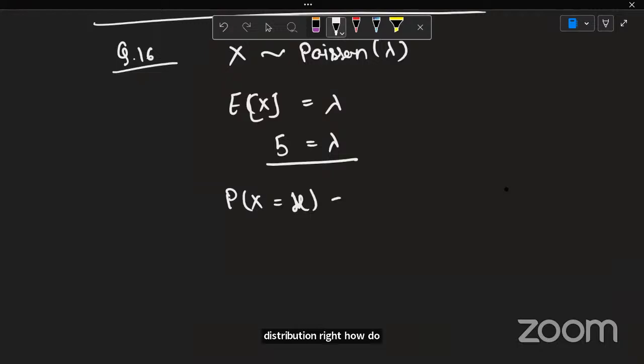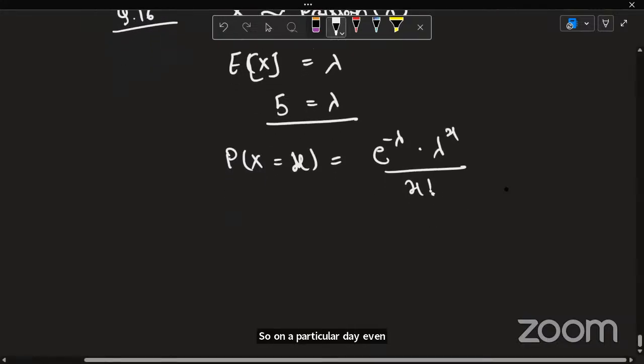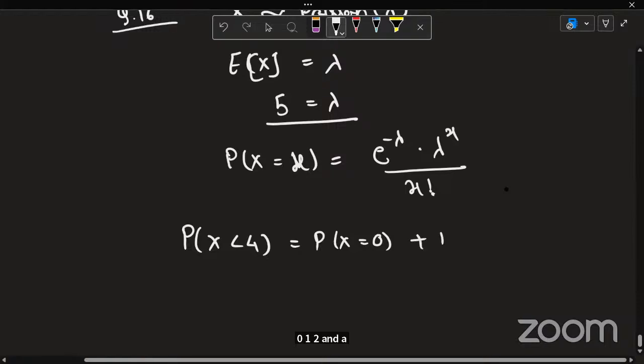It's probability of X equal to x is e to the power minus lambda into lambda power x divided by x factorial. Fine. So on a particular day when the number of charged people X is less than 4, what values can it take? 0, 1, 2, and 3.